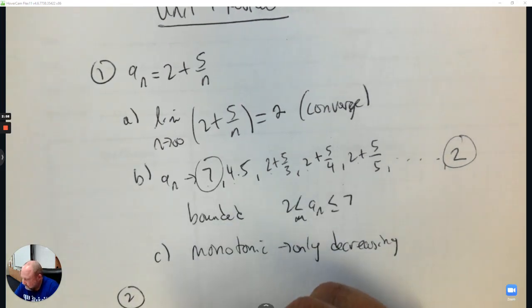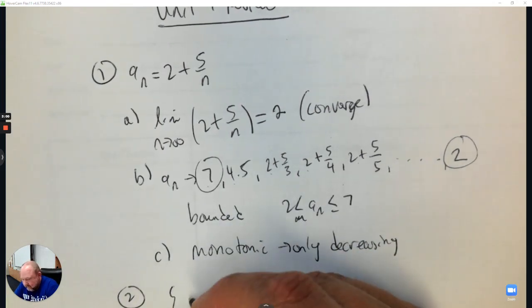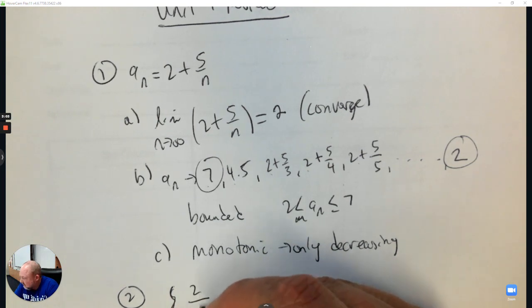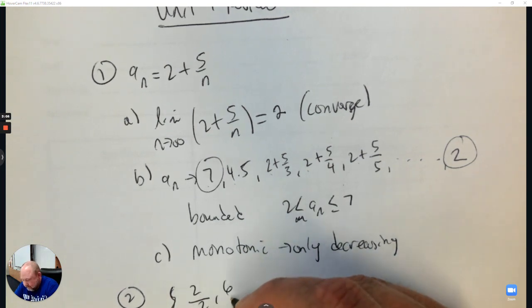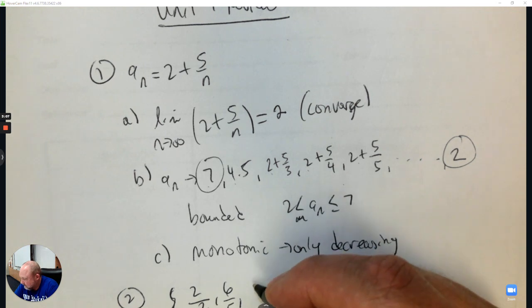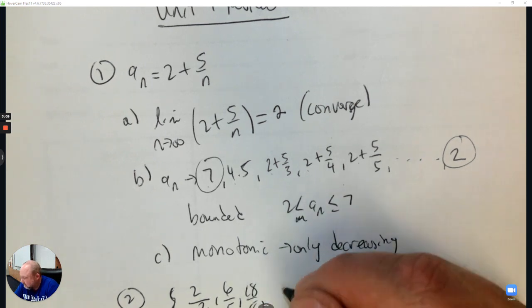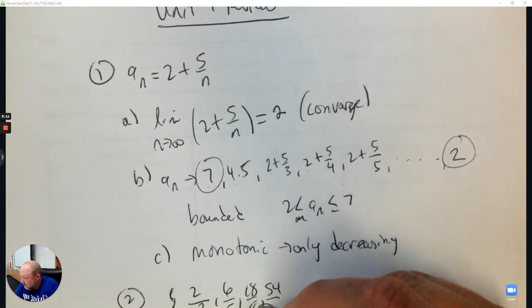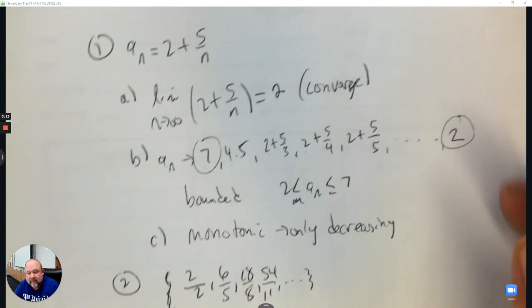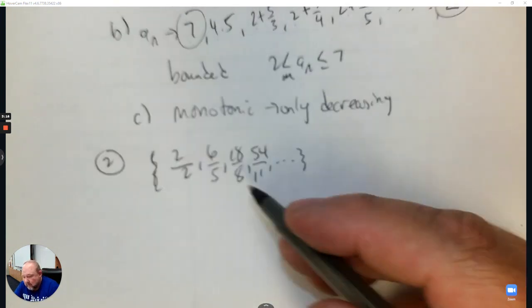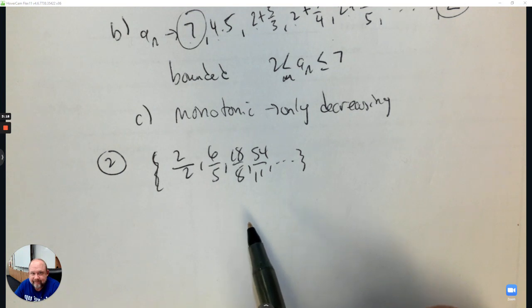All right, number 2. Write a formula for this sequence. And some of these could be reduced, but there's a good reason not to. So I want you first to think, what pattern do you see?